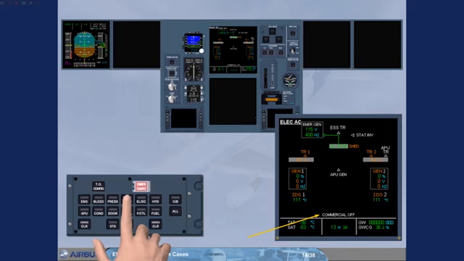The white indication at the bottom of the page means that the commercial equipment is also shed.